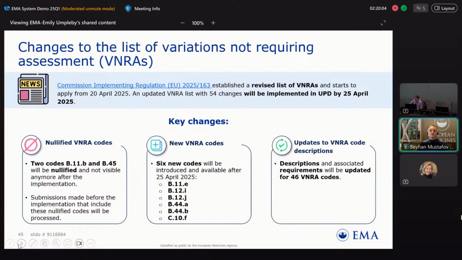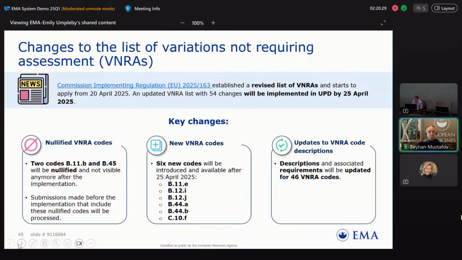The descriptions, the requirements will also be changing for these codes. We have worked together with the RMS team, and we are going to make those changes visible in production by the 25th of April 2025, and all industry and NCA colleagues have been informed about those changes by email.